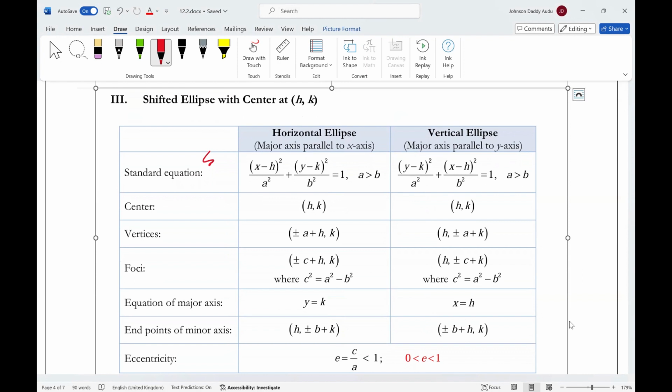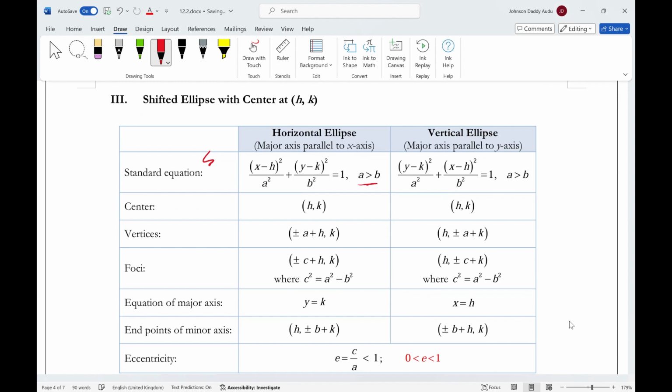Now the standard equation is (x minus h) squared over a squared plus (y minus k) squared over b squared. And a is still bigger than b. That also applies for both the vertical and the horizontal ellipse.